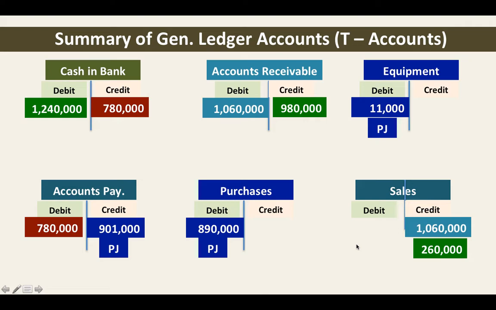Okay? Tapos sa ating disbursement journal, we debit accounts payable. It means that we have paid accounts payable and credit cash in bank. Okay? Sa ating sales journal, we debited accounts receivable and credit sales. Okay? Then sa ating cash receipt journal, we debit cash in bank. Yan.